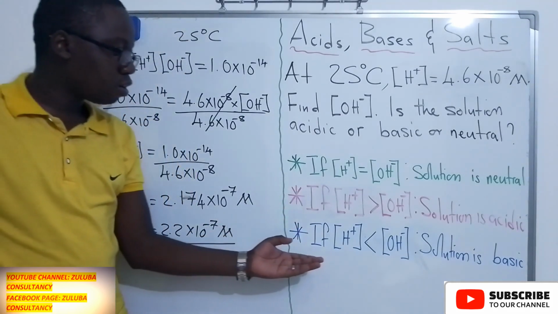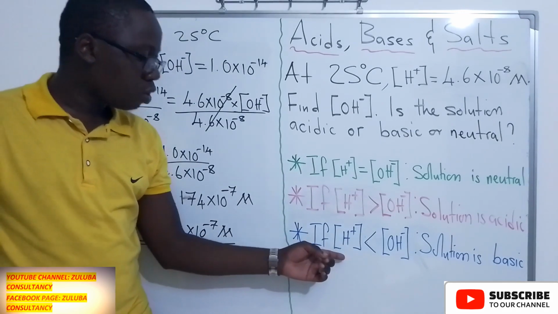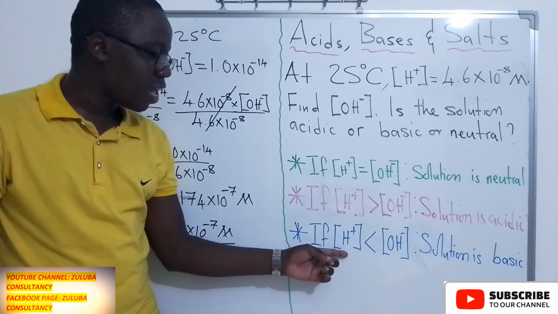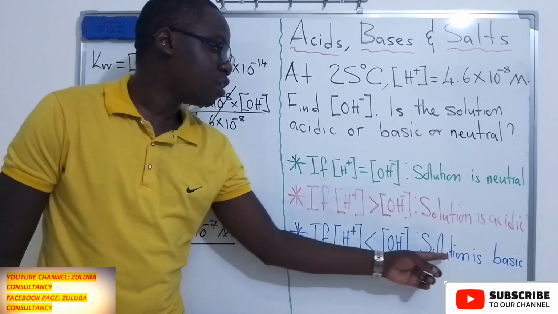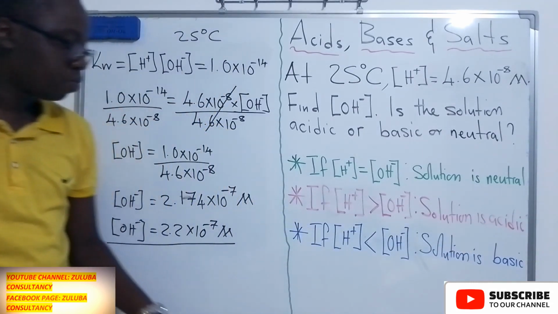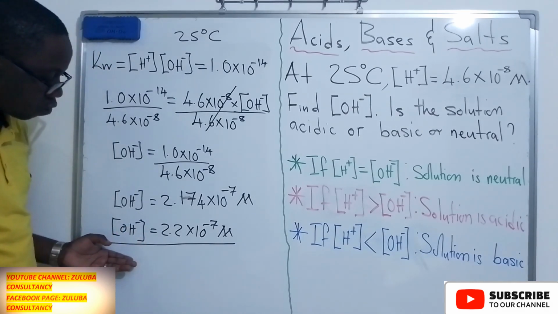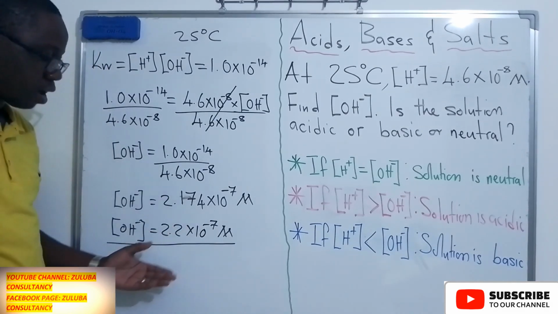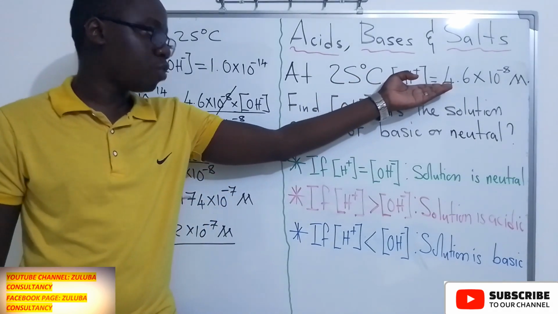The third point is telling us that if the concentration of H positive is less than the concentration of OH negative, then the solution is basic. When you look at it, the concentration of OH negative is greater than the concentration of H positive.